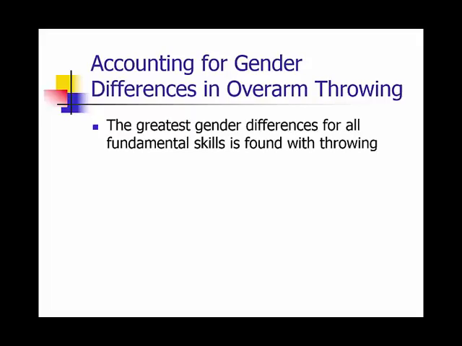Some of the more interesting research connected to the overarm throw has looked at gender differences. And anyone who works regularly with young children will tell you that there's a vast difference between the overarm throwing abilities of young boys and young girls. And there's been lots of research done on this.